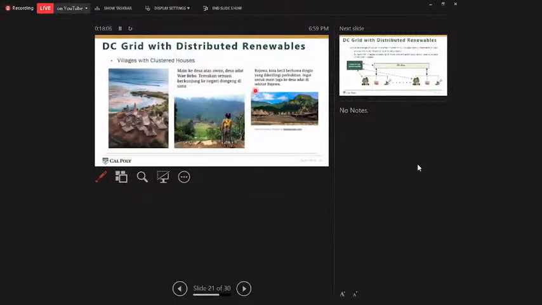DC grid with distributed renewables would be the DC house network. That would be useful, for example, in Indonesia, where we have villages with clusters of houses like this. These are pictures from some villages in parts of Indonesia. You can see the houses are close by, forming a cluster, so it would be nice to network the DC houses.